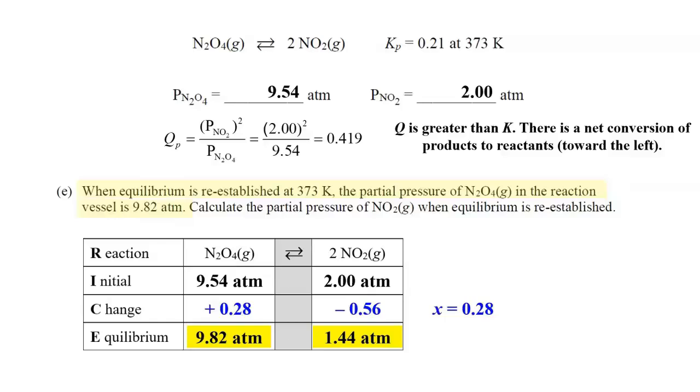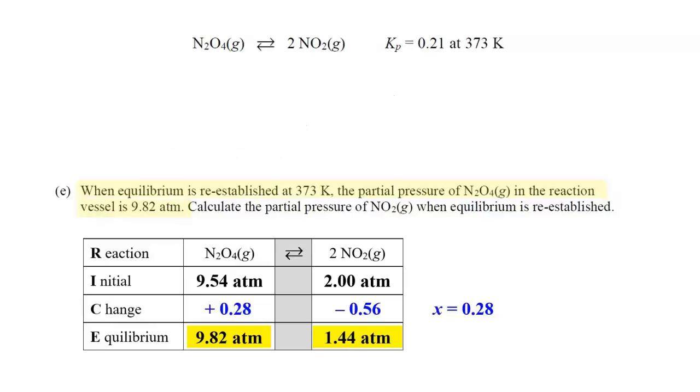Again, we're using our RICE table to keep track of everything. So 9.82 is the partial pressure of N2O4, and 1.44 is the partial pressure of the NO2. Of course, we're going to check it. So we're going to plug those numbers into the equilibrium constant expression, pressure of NO2 squared divided by pressure of N2O4.